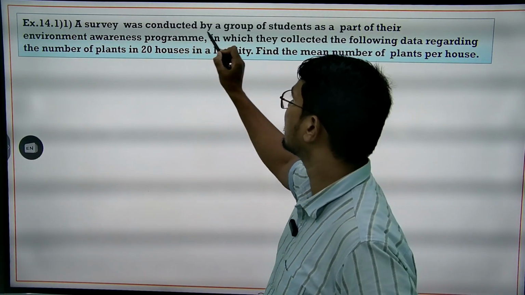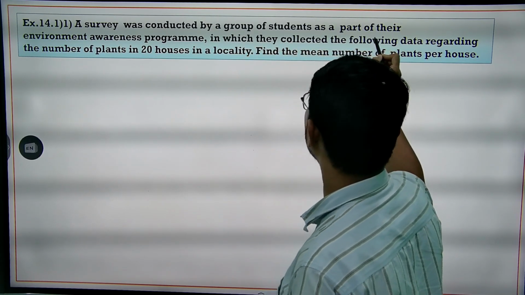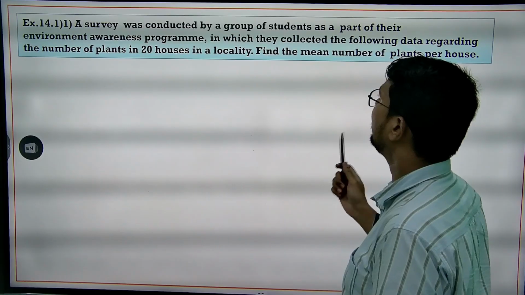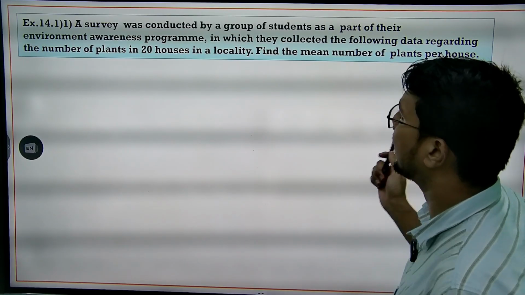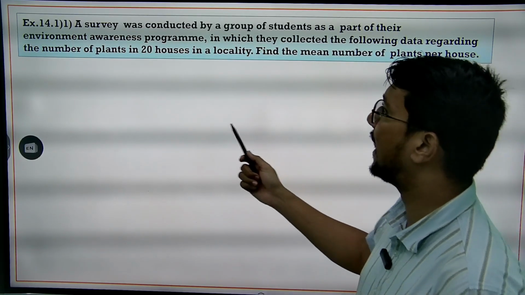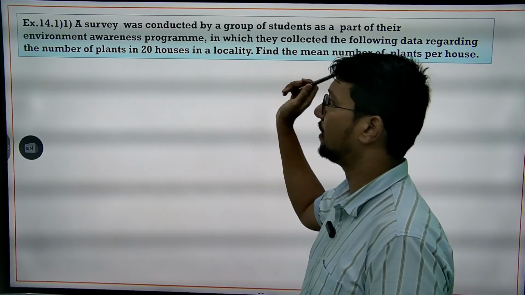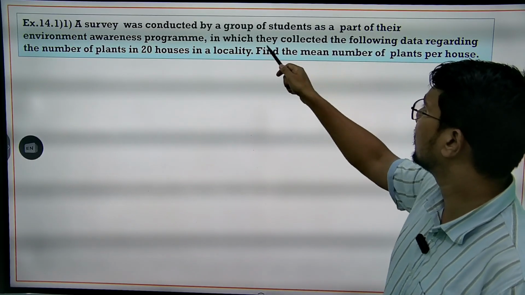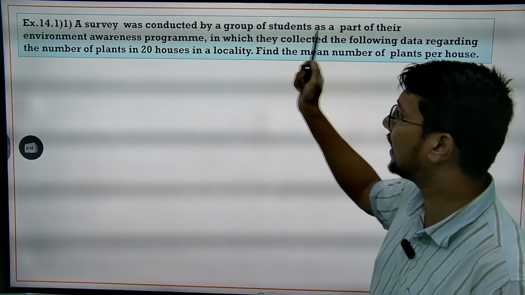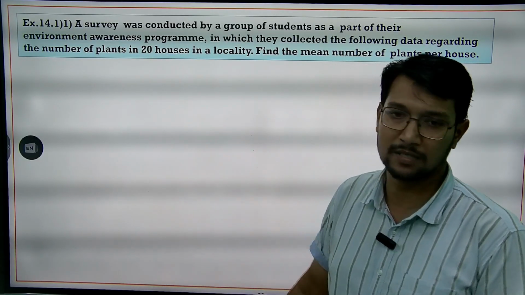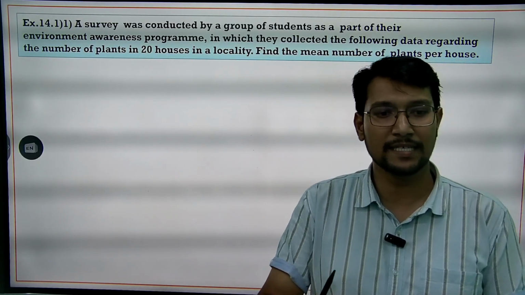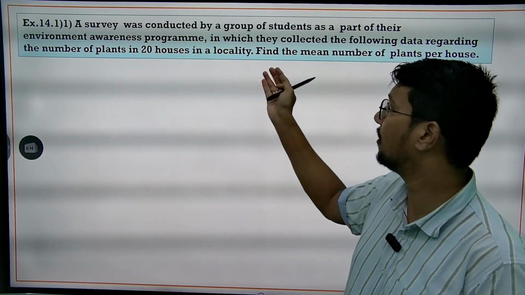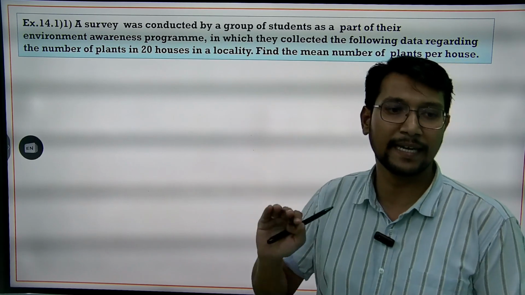A survey was conducted by a group of students as a part of their environment awareness program, in which they collected the following data regarding the number of plants in 20 houses in a locality. That is the data that has been collected.